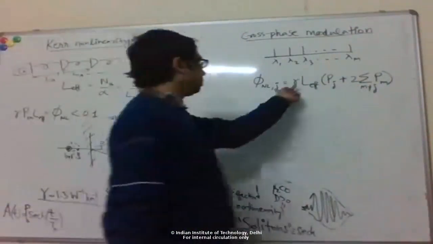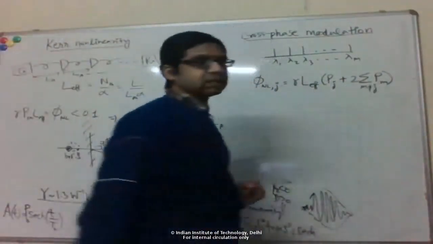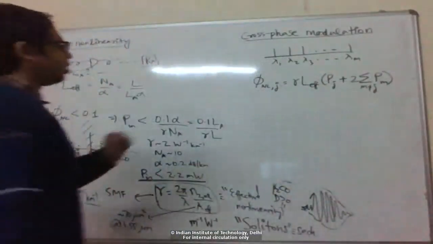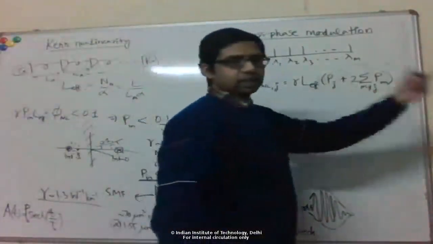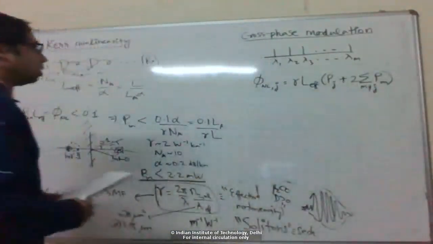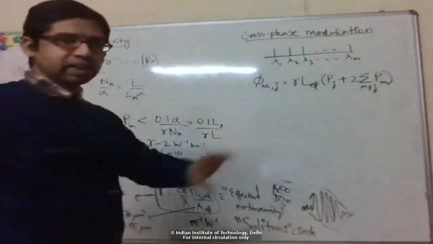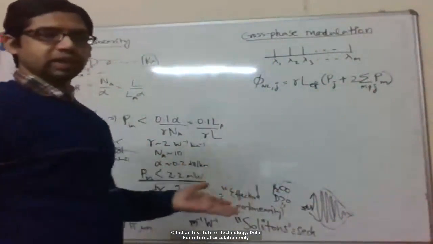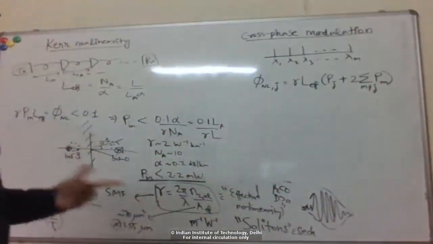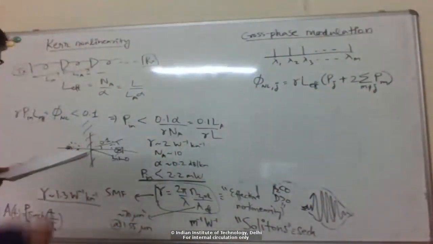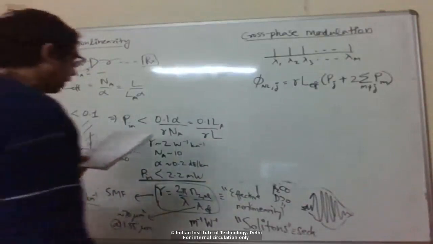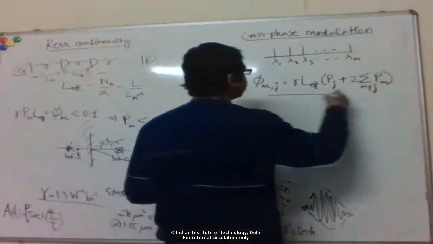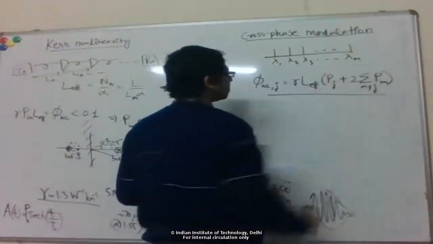But otherwise, the form is the same: gamma times the power times the effective length. Except now the power is of the other channel, because it's the other channel which is modifying the refractive index, and this jth channel is now seeing the change in the refractive index, which modifies its own phase. Of course now you can see with cross-phase modulation this effect is much worse, right?